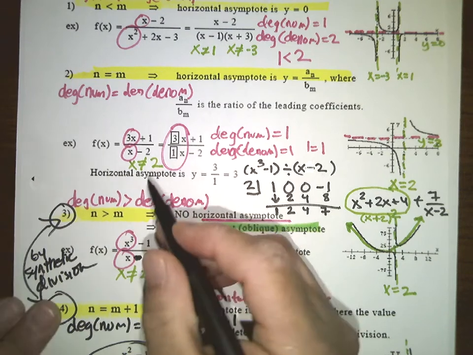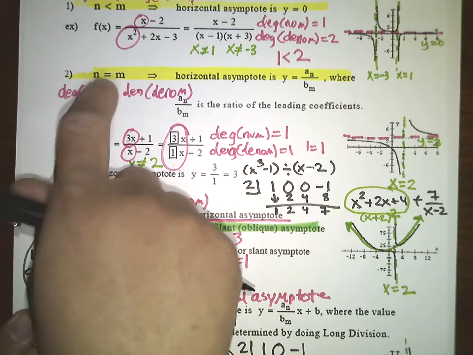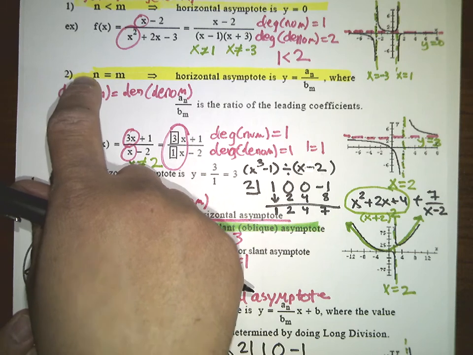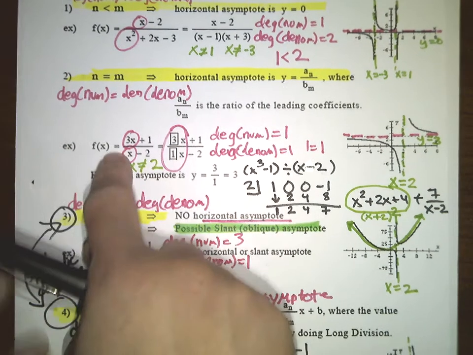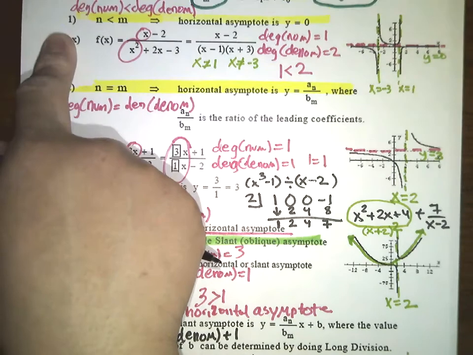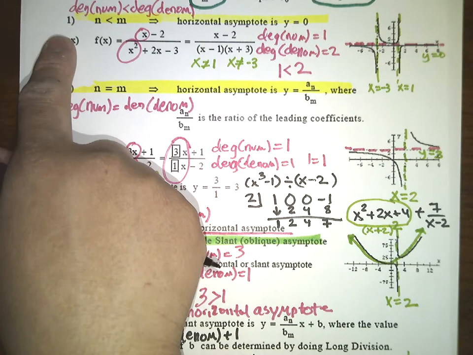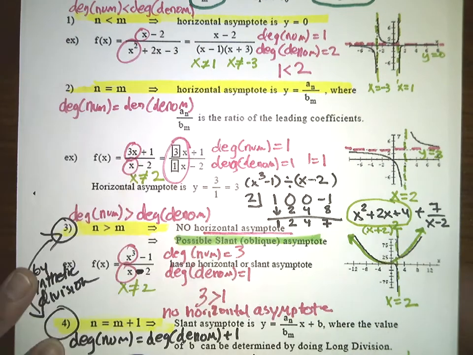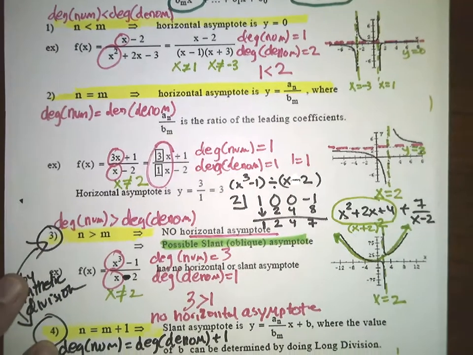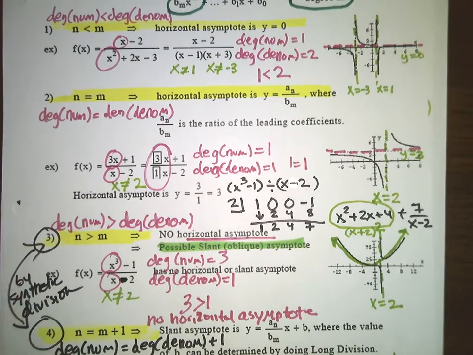I'm going to go back to this page for a moment because I didn't say at the time, but in all honesty, this part right here, just so that you're also aware, these are actually shortcuts for using synthetic division also. So let me explain for a moment so that you know what I'm about to do.